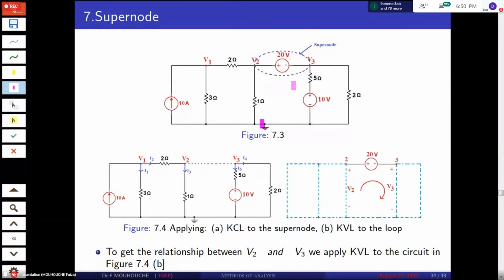We delete this source, and we analyze the remaining circuit by applying Kirchhoff's voltage law to the loops, okay? And we analyze the supernode alone by applying Kirchhoff's current law, okay?